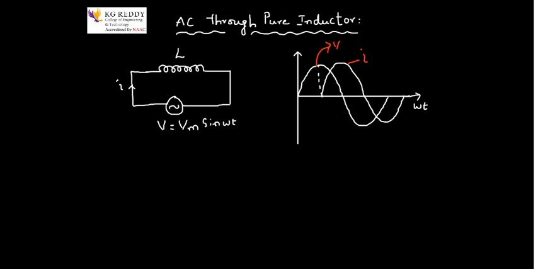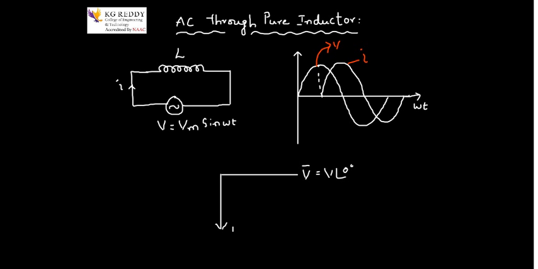Now if you see the phasor diagram of voltage and current, I will get it like this. Here I have taken V as the reference. This is V bar, that is V at an angle of 0 degrees. Now current, just now we have discussed, lags behind by some angle.